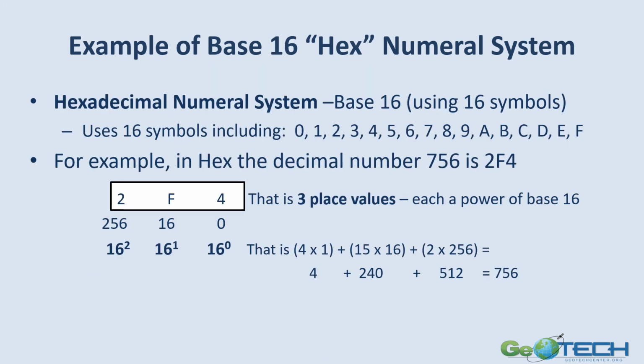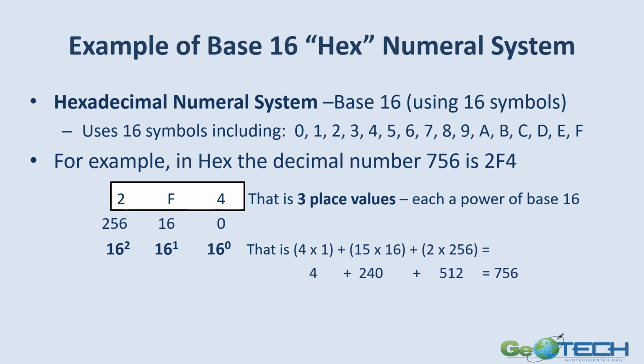Next, we're going to look at an example from base 16, or the hex number system. We've seen that base 16 uses those 0 to 9 numbers we recognize, and then it uses symbols that we recognize as letters, but they really represent values from 10 to 15. If we look at the decimal number 756, in hex it's 2F4. So it has 3 place values, and each is a power of 16.